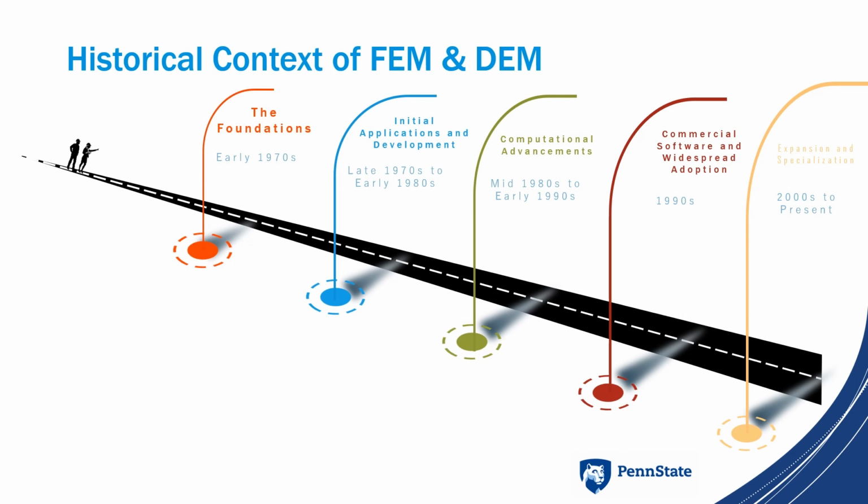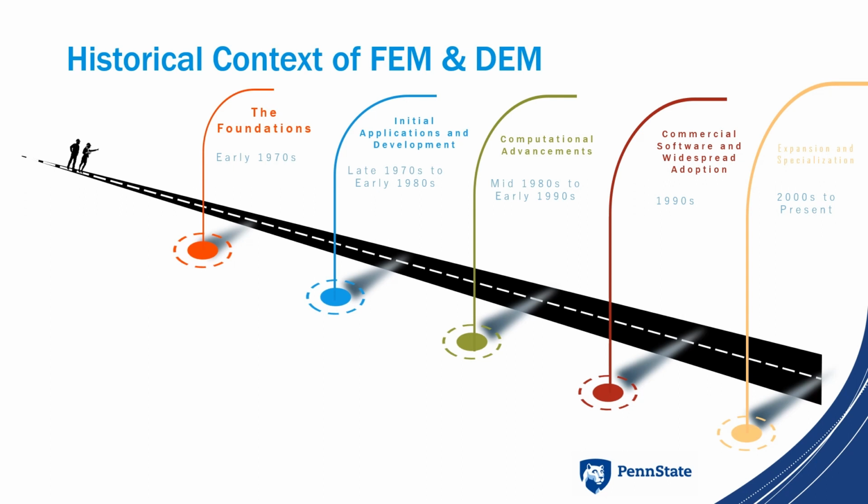Initial attempts focused on developing interface modeling to exchange forces and displacements between the two methods. The early 2000s saw a surge in interest in multi-scale modeling approaches, including the coupling of DEM and FEM.